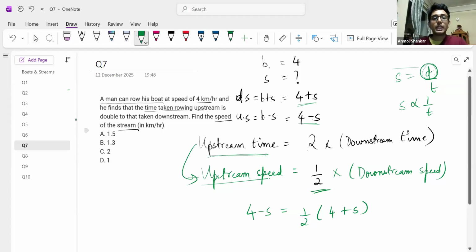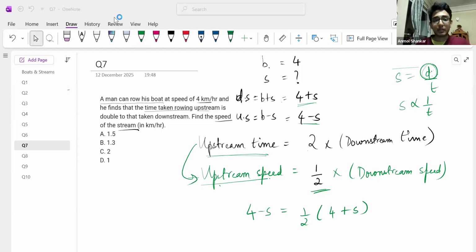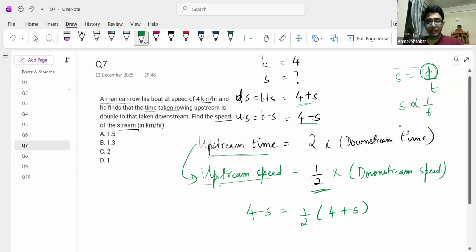But from an exam point of view, this should strike you immediately: if the time is double, then the speed is half. It should happen in 2 seconds. Here it took 2 minutes to explain, but it should click like that. So we will bring the 2 here. Let us solve the equation.